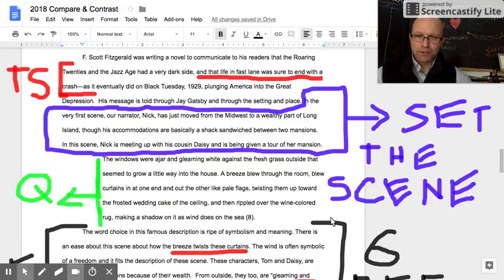The windows were ajar and gleaming white against the fresh grass outside that seemed to grow a little way into the house. A breeze blew through the room, blew curtains in at one end and out the other like pale flags, twisting them up toward the frosted wedding cake of the ceiling, and then rippled over the wine-colored rug, making a shadow on it, as the wind does on the sea.